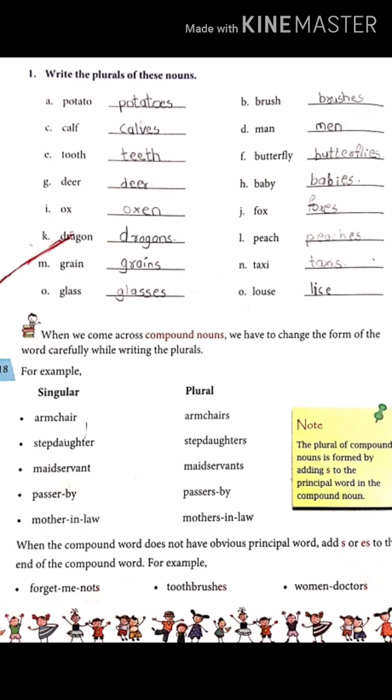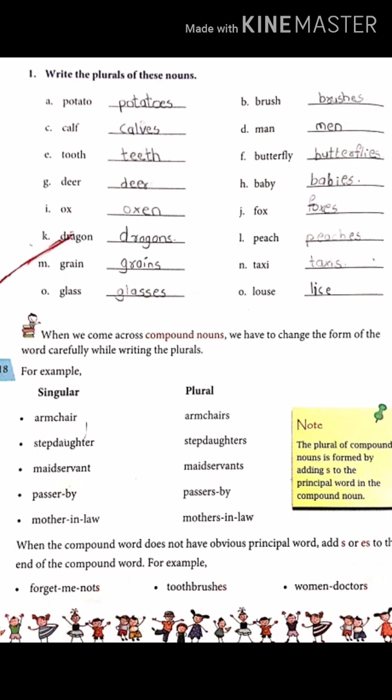Now, page 20 is your homework. Do it in the textbook only. Now, rewrite these sentences after changing the highlighted nouns from singular to plural or vice versa. Make other changes if necessary.